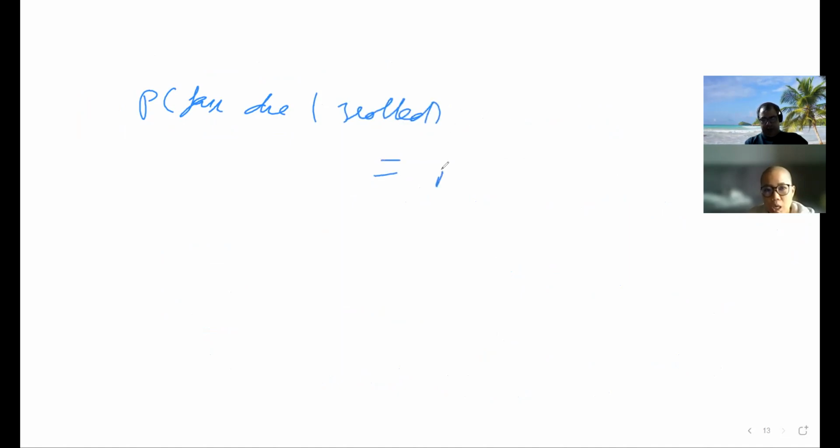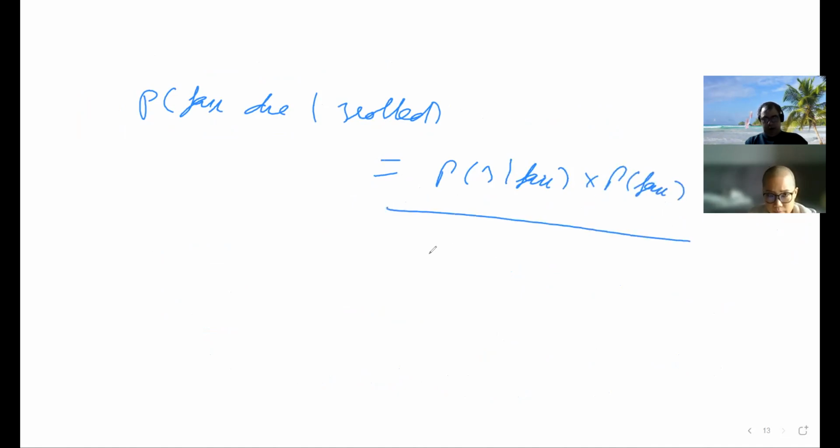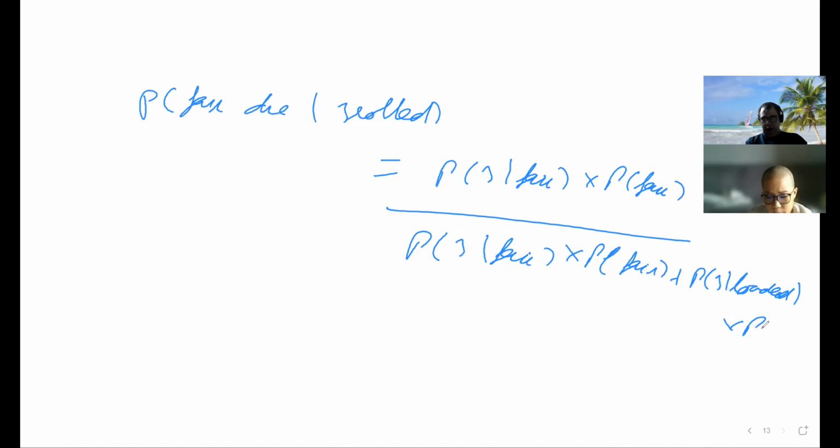It is equal to P3 given fair into P fair, upon P3 given fair into P fair, plus P3 given loaded into P loaded. Can I write it like this?